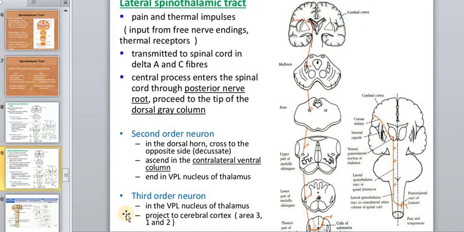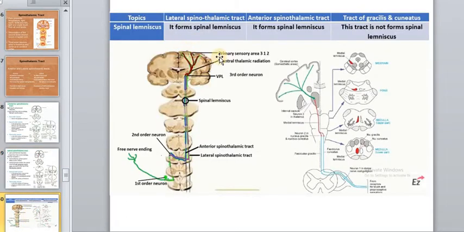And the third order neuron from the thalamic area projects to the cerebral cortex, in a different area, the primary sensory area, and we have 1, 2, 3 parts of this area.